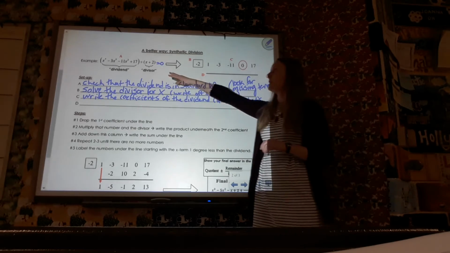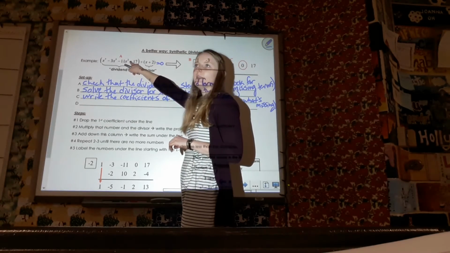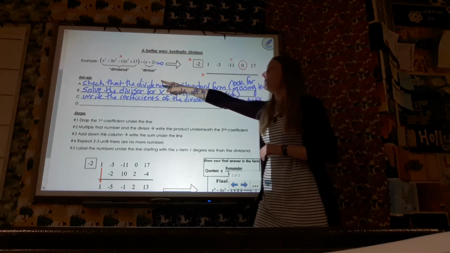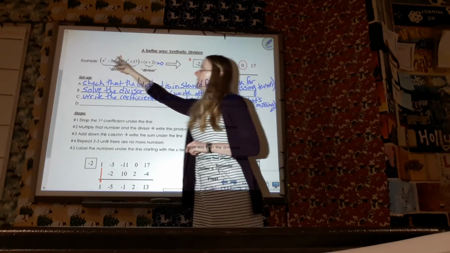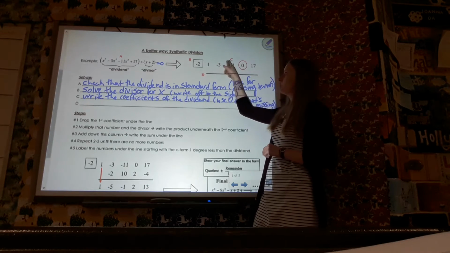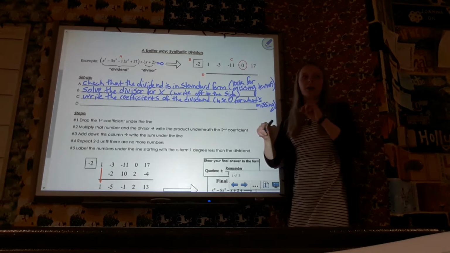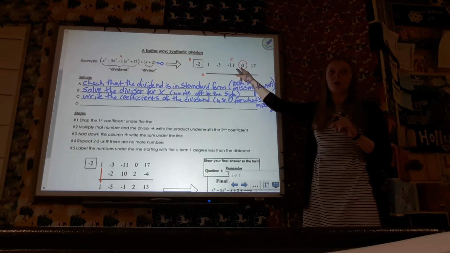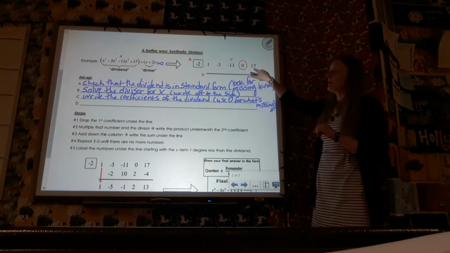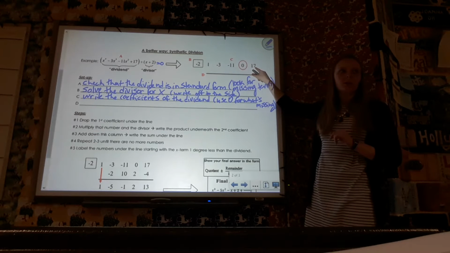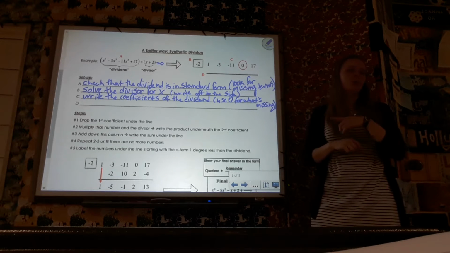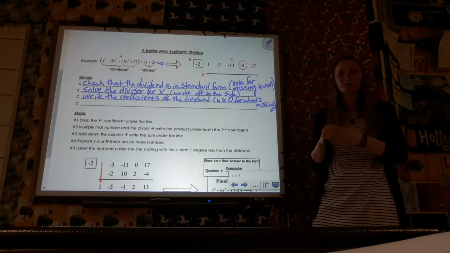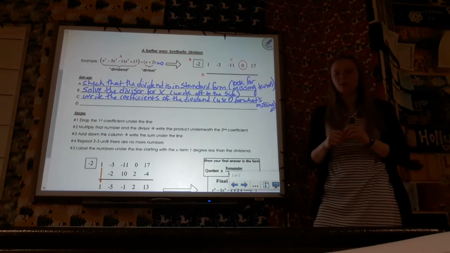So for example, in this one, we took note that the x by itself was missing. The coefficient of x to the 4 was a 1, so I wrote 1. The coefficient of x cubed was -3. The coefficient of x squared was -11. Because I didn't have x to the 1, I wrote a 0 as a placeholder. And then 17, the number without a variable, is just 17 as its coefficient. And so this is the setup for writing the numbers for synthetic division. Those are the numbers we're going to be using as our establishment for the multiplication and the division.